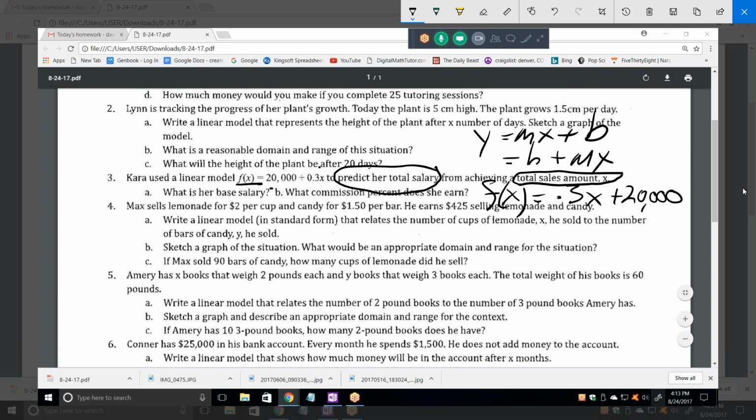So that's her base salary, $20,000. Now, what commission does she earn on a percentage basis? Let's say she sells $100 in sales, what will she earn on that $100? The coefficient in front of the x, 0.3, 30%.